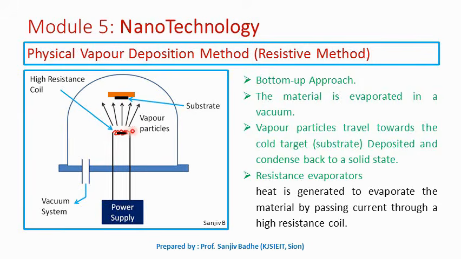When we pass the current through the coil, due to high resistance, a large amount of heat is generated, and that heat is utilized in evaporating the material. And as the material is evaporated, the vapor particles will move in all the directions, and the vapor particles that are going in the upward direction will be deposited on this cold target, which we call as substrate. So in resistive method, physical vapor deposition, we are using high resistance coil for producing the heat which is used to evaporate the material.